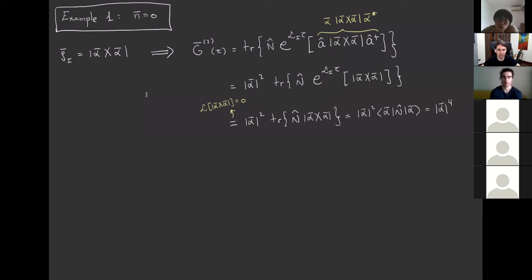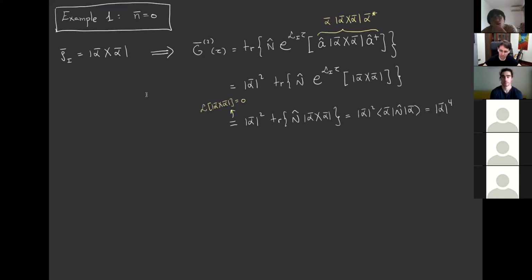Look how simple it has been at the end, like the calculation of G2. It's a two-time correlation function. It looks very complicated because you have to do input, output, all these things. But in the Schrodinger picture, it's just a few lines calculation, okay? You would have done it even in one line or even in one expression if I wouldn't have gone slowly through all the steps, okay?